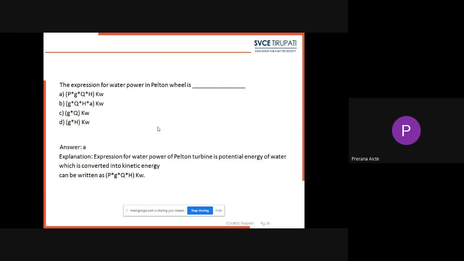Next one, the expression for water power in Pelton wheel is given as rho g Q H in kilowatts. So the expression for water power of Pelton turbine is the potential energy of water which is converted into kinetic energy. So it can be written as rho g Q H in kilowatts.